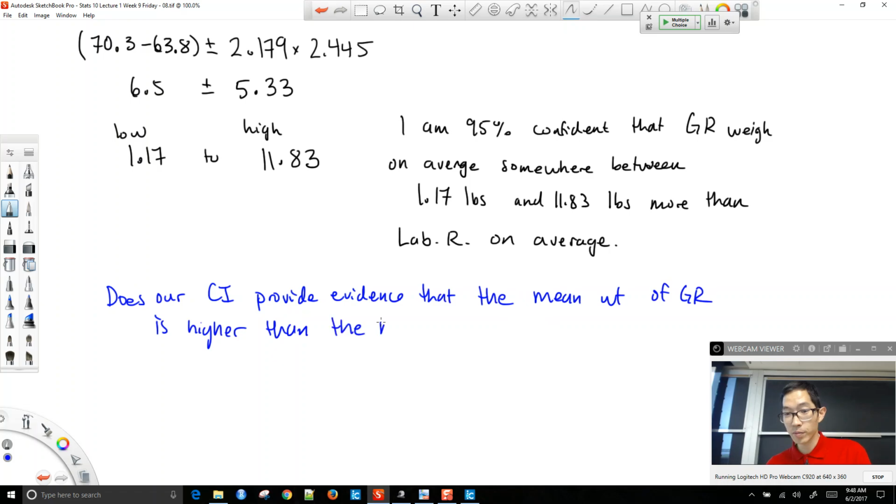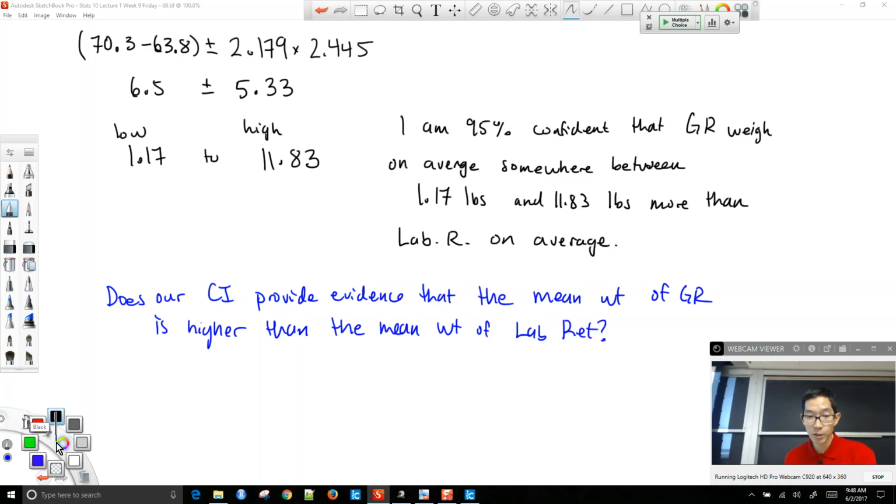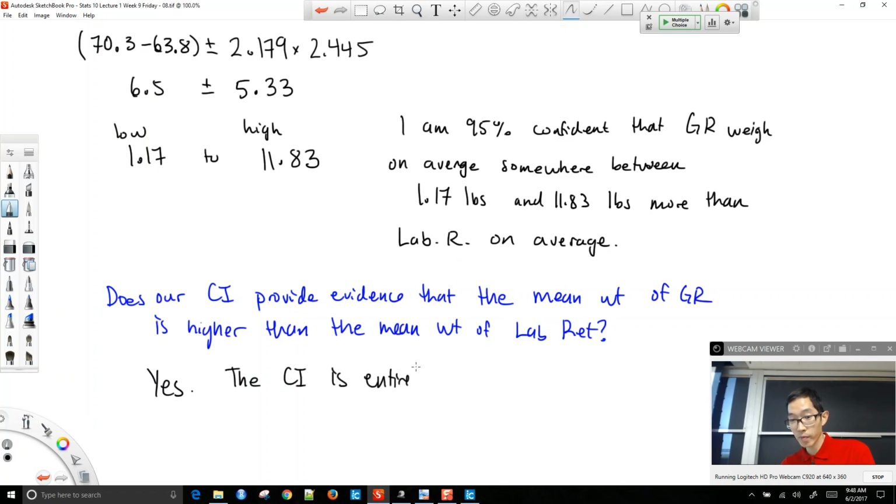And what is our answer there? Okay, the answer here is yes. What we find is the confidence interval is entirely positive. Or another way to say it is the value 0 is not inside the interval.